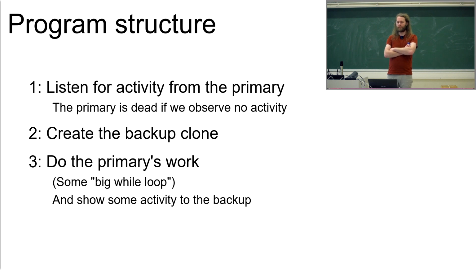First is to create the backup clone so that we have our own backup in case we die. And then the second thing is to transition from backup mode where we're listening for activity into primary mode where we are doing the actual work and then sending some activity to the backup so that it knows that we're alive. So there's constantly communication between the backup and the primary. Once the communication is broken, it means that the backup should take over and become the new primary. And this continues in a loop.